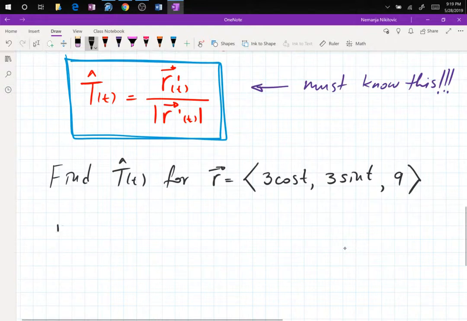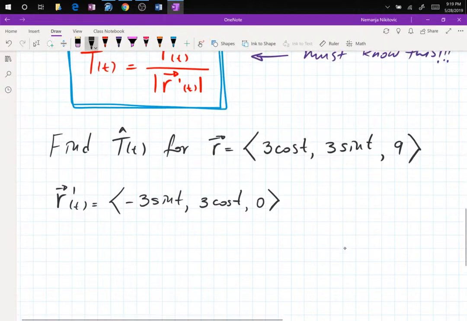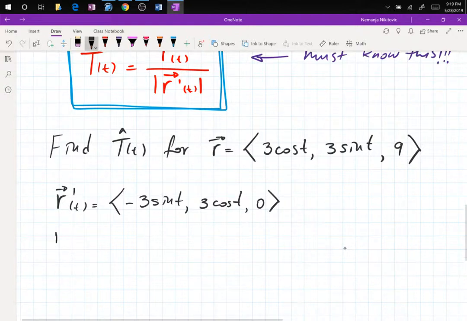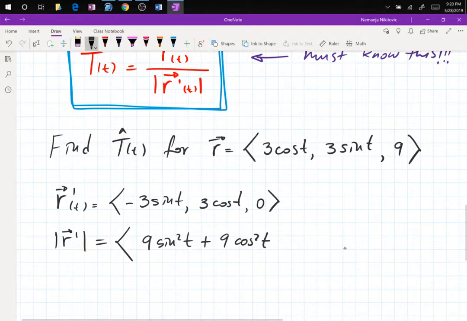So we first find r prime, which would be negative 3 sine t, 3 cosine t, 0. And then the magnitude of r prime would be, when we square all of this, 9 sine squared t plus 9 cosine squared t plus 0 squared.